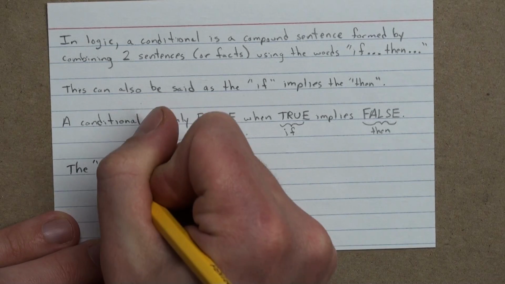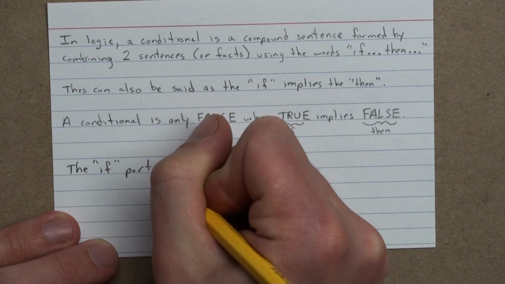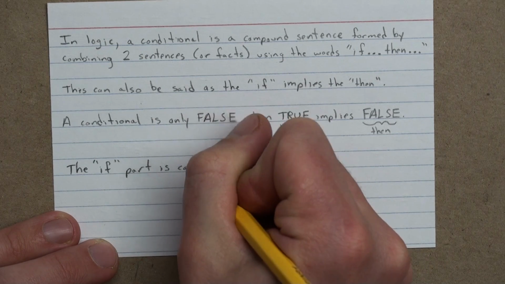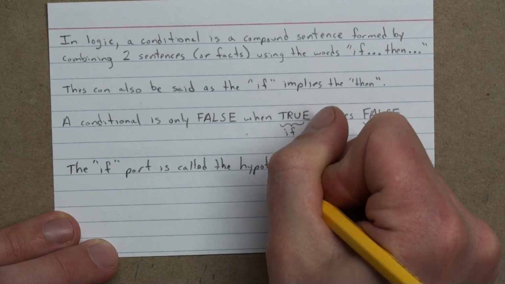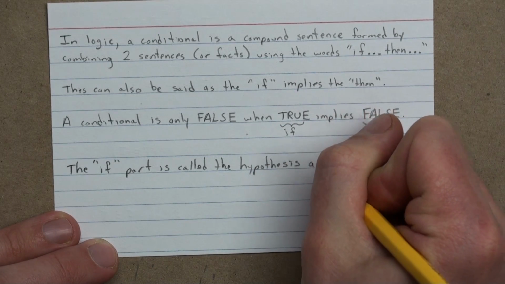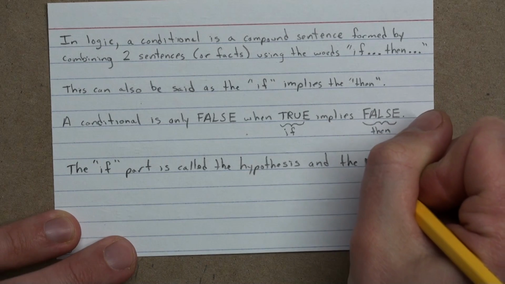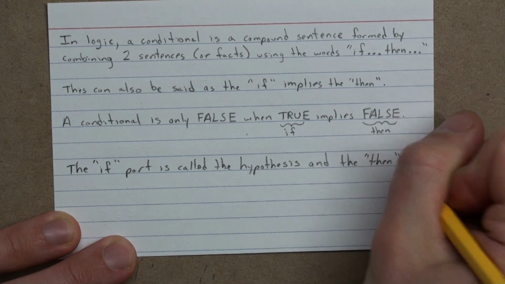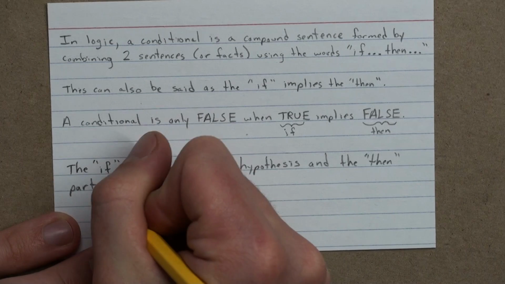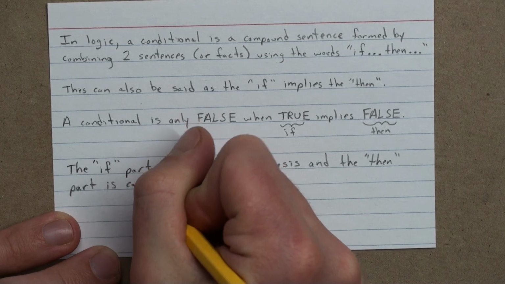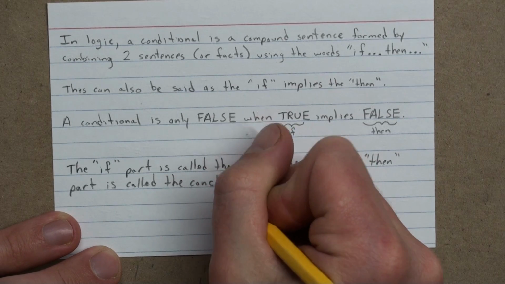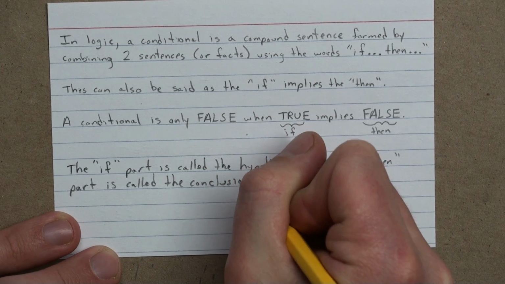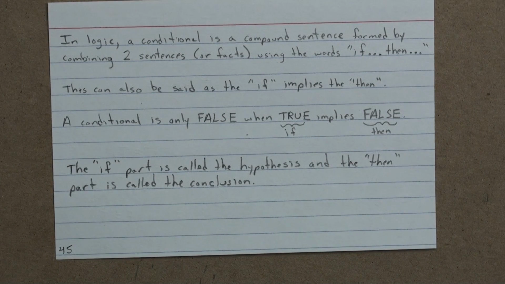Put the if part is called the hypothesis, and the then part is called the conclusion. Okay, so just add that to card 45 when we're talking about conditional statements.